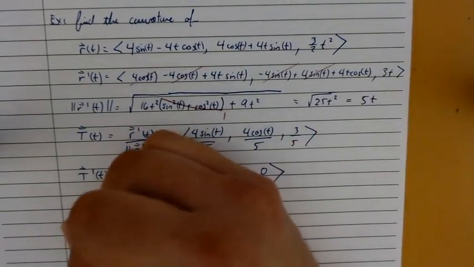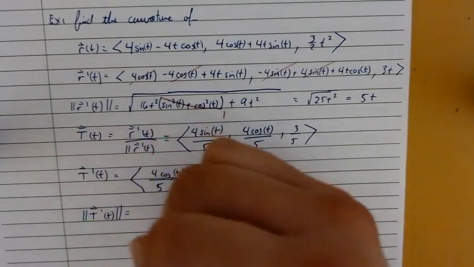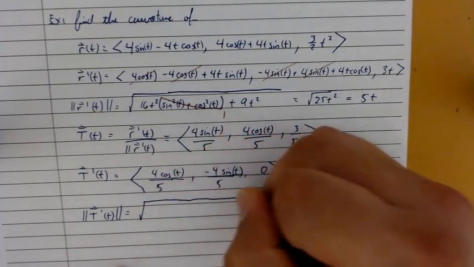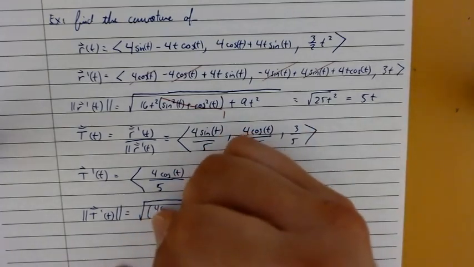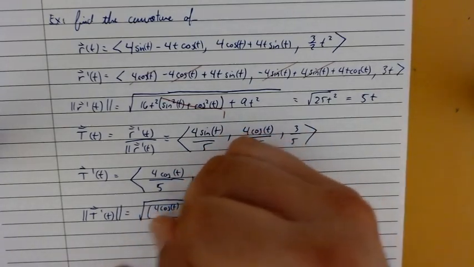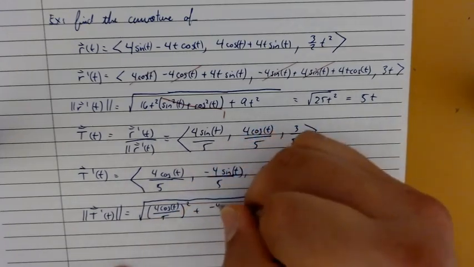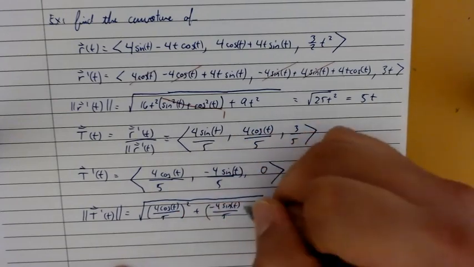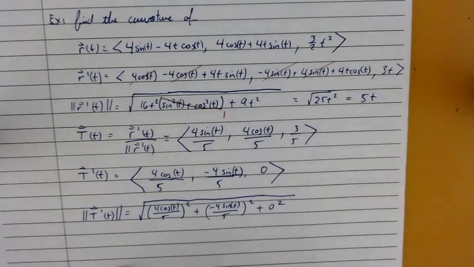So that means that the magnitude of T prime of t is equal to the square root of the sum of the squares of these components. So that'll be (4 cosine of t over 5) squared plus (negative 4 sine of t over 5) squared plus 0 squared.